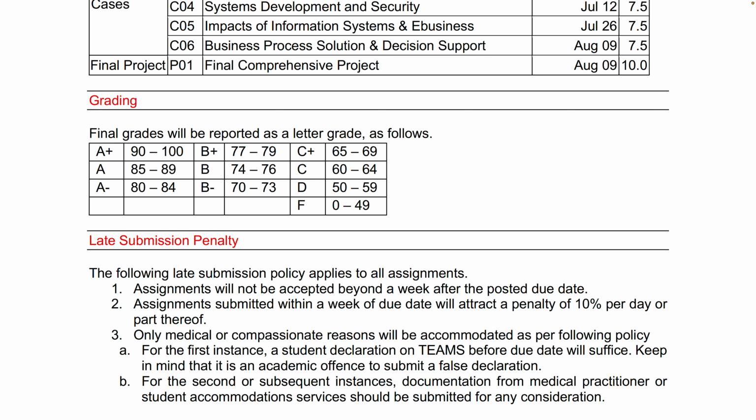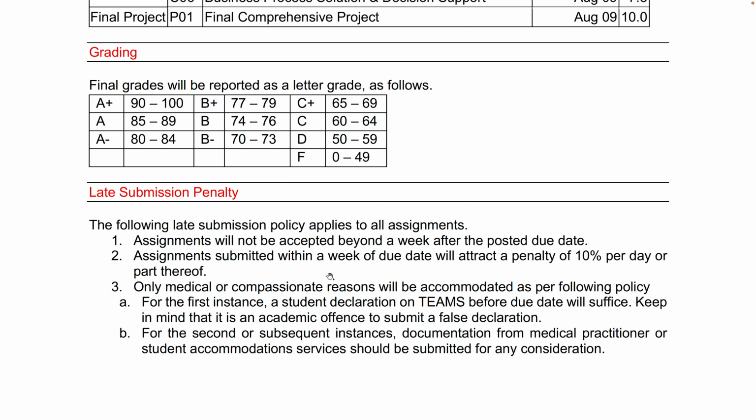Medical and compassionate reasons will be accommodated. For the first instance, a student self-declaration before the due date will suffice. Even if it is after the due date, I will accept it. Just that you do not abuse the self-declaration. Know that it's an academic offense to submit a false declaration.